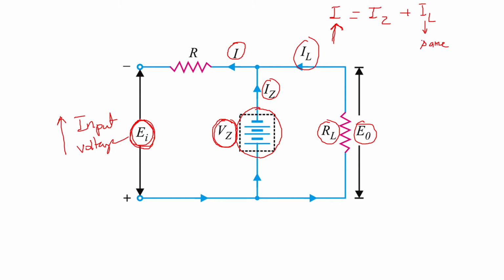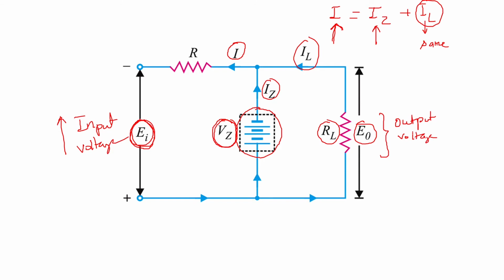Who will help is the Zener current. Zener current will increase and take the extra current through the Zener diode, and it will see that the current through the load remains constant, so that current multiplied by the load resistance, that means the output voltage E naught, will remain constant. This is the meaning of that.